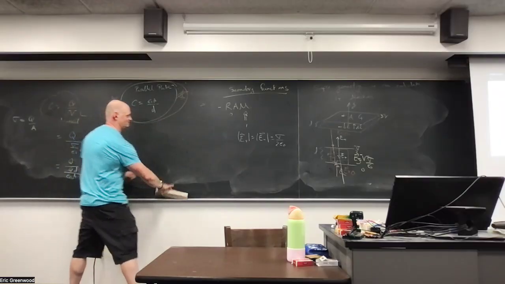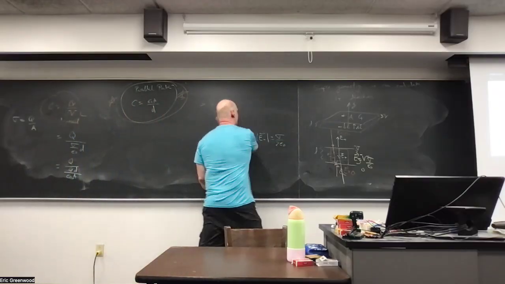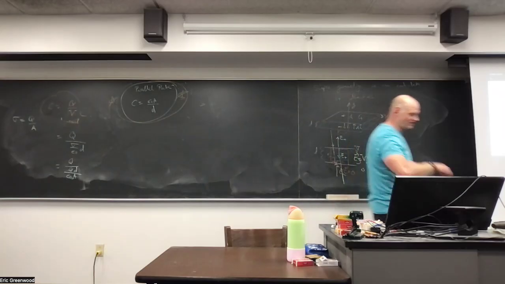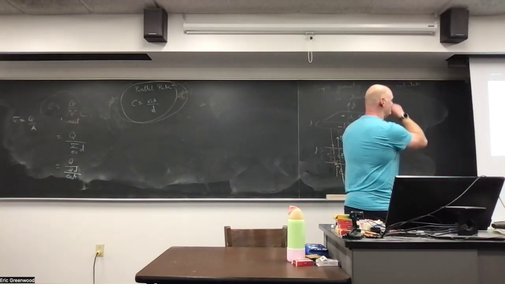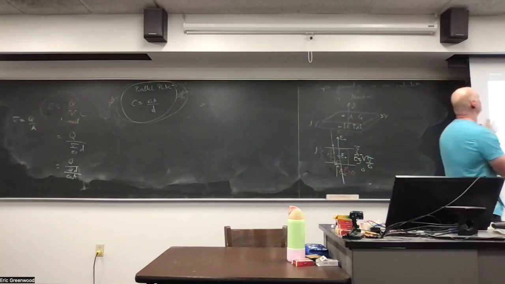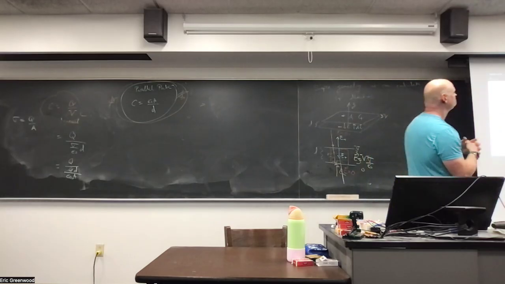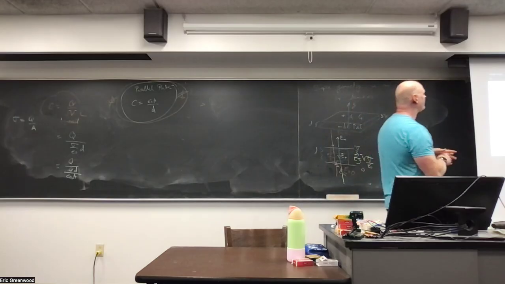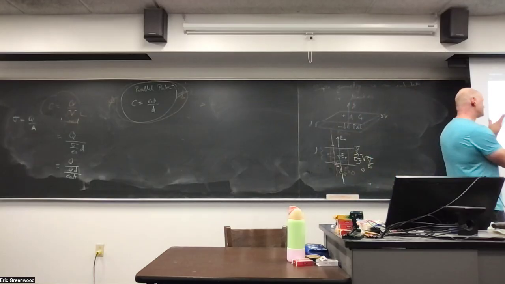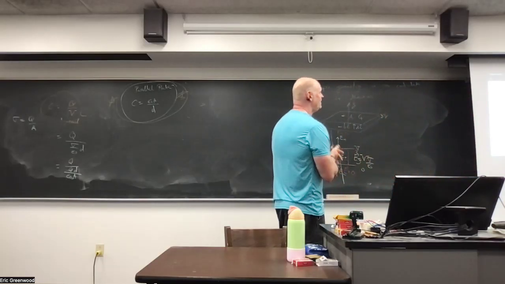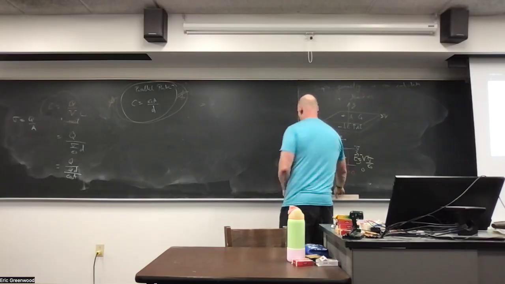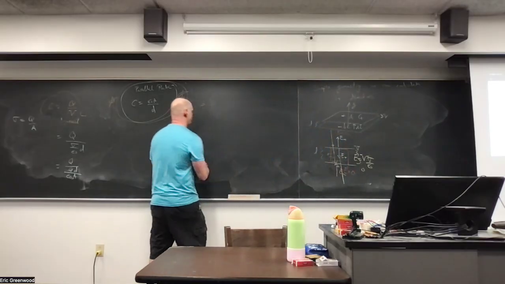So let's do one more example, another type of geometry that we can look at. And this is cylindrical. This says we want to determine the capacitance of a cylindrical capacitor that consists of a wire or an inside cylinder of radius A surrounded by a coaxial cylindrical shell of radius B, and they both have some length L. So let's draw our picture.